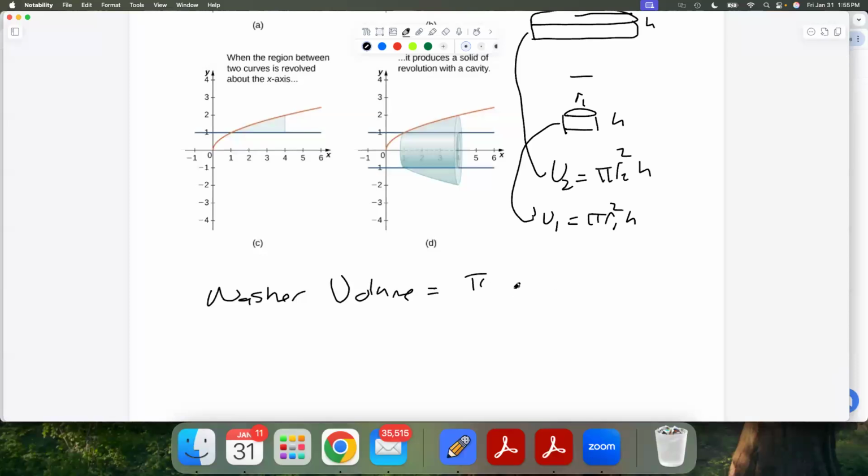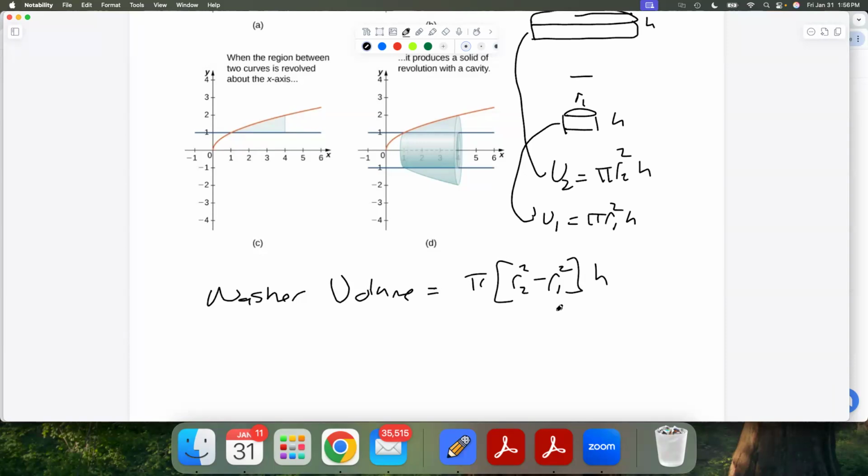So that will be pi, I can factor out an H also, but I'm going to write it over here, R2 squared minus R1 squared, all times H. So I just took big minus small. I factored out a pi on the left and the H on the right.